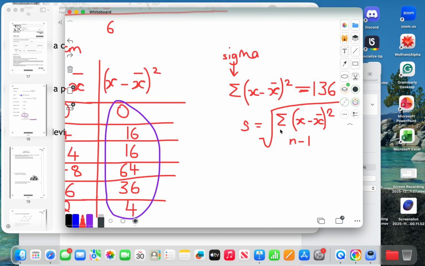N is the sample size, so we want to put in 6 minus 1 is 5. Many pupils forget the minus 1 part and they put 6 in, and the sum of the x minus x bar squared is 136. And that's all over 5.